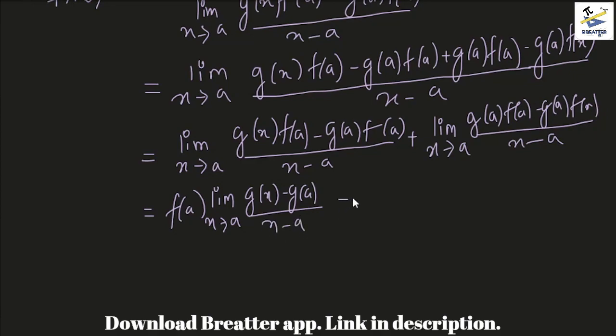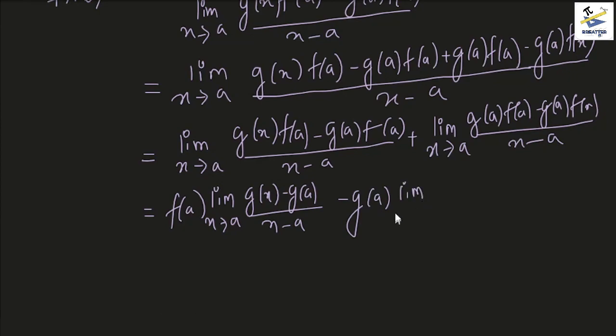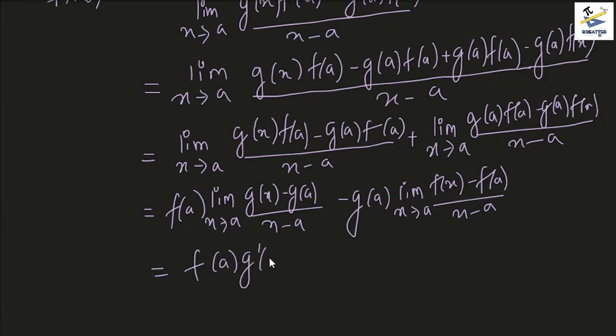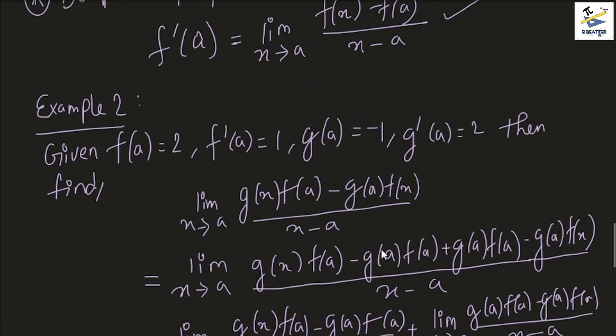Similarly, we can take minus g(a) common here, and we can write the limit as x tends to a of (f(x) minus f(a)) by (x minus a). Now if you remember, this was the definition for the derivative of the function at point a, right? So f(a) into g dash a minus g(a) into f dash a. This would complete the derivative section for this one, and now it's just a matter of putting in the values.